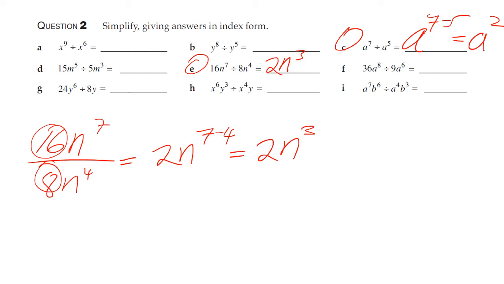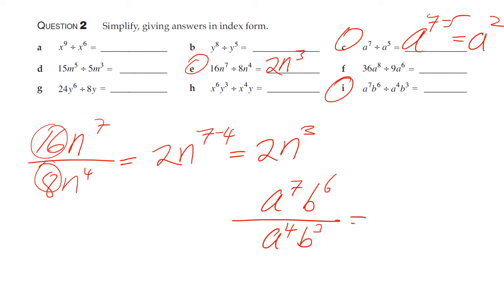What about I? I'm going to do the hardest one for you. If I have a to the power of 7, b to the power of 6, divided by a to the power of 4, b to the power of 3. What you're going to do is you group the like terms together. So you group the a's together, you group the b's together.